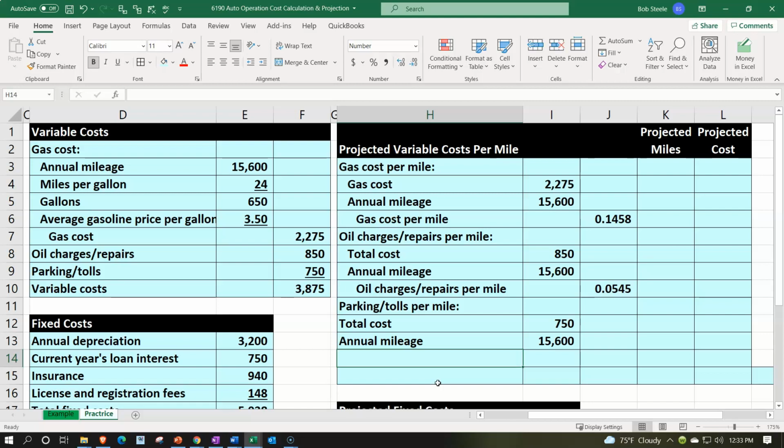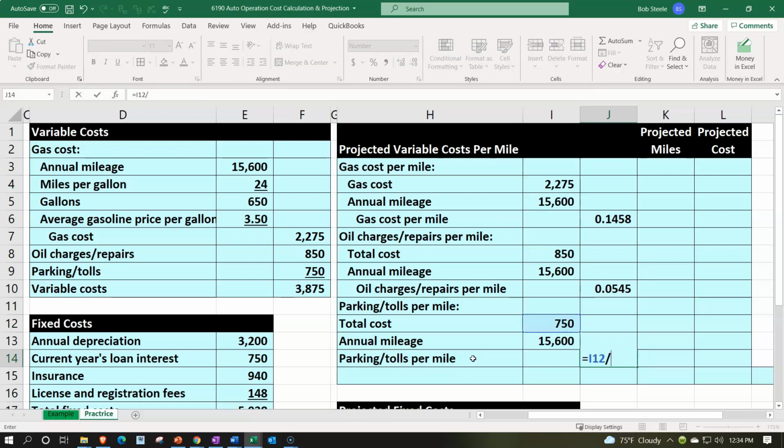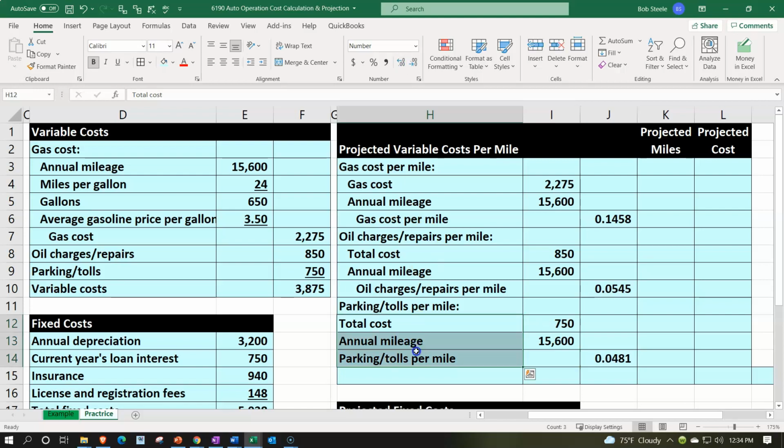And we'll put that in the outer column. This is going to be equal to the 750 divided by the 15.6. Adding some decimals, number group, a couple decimals. So there we have it. Let's do some indentation. Alignment, indent. This one again, alignment, indent.